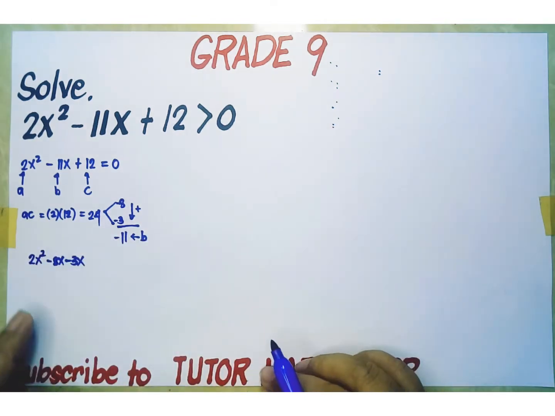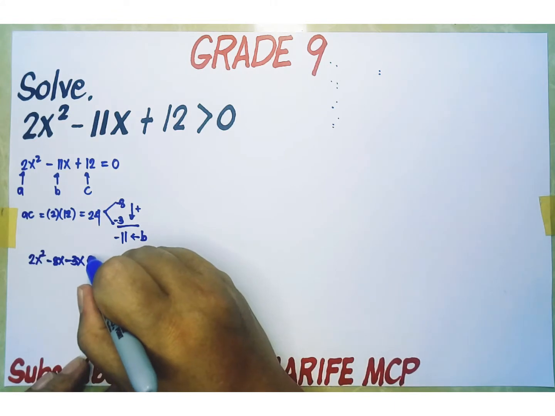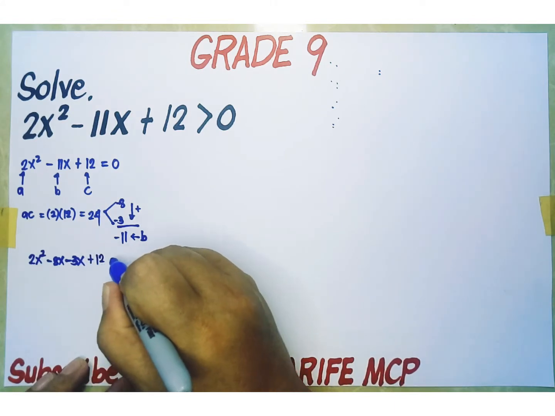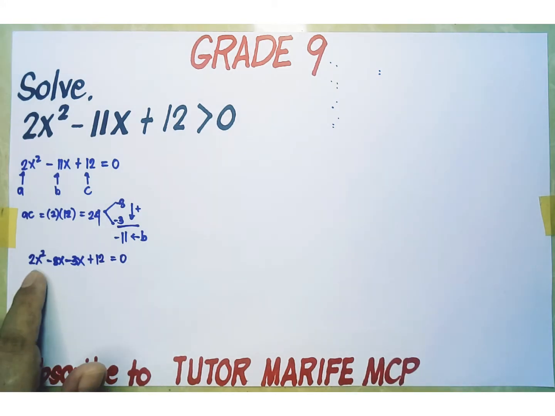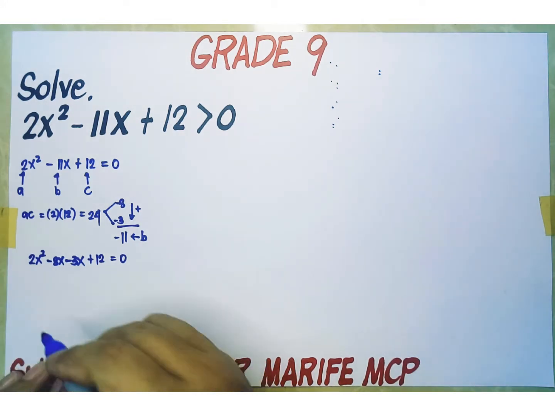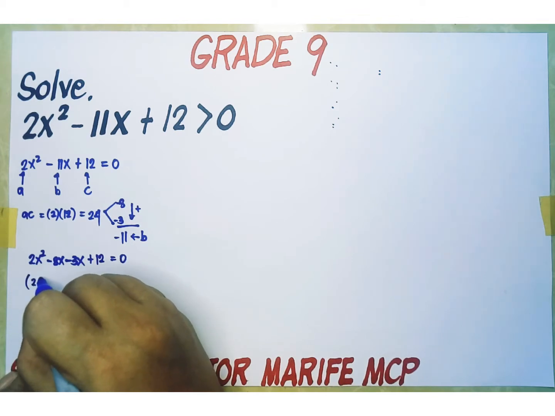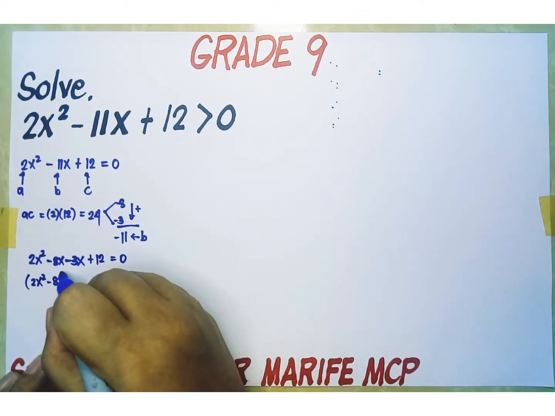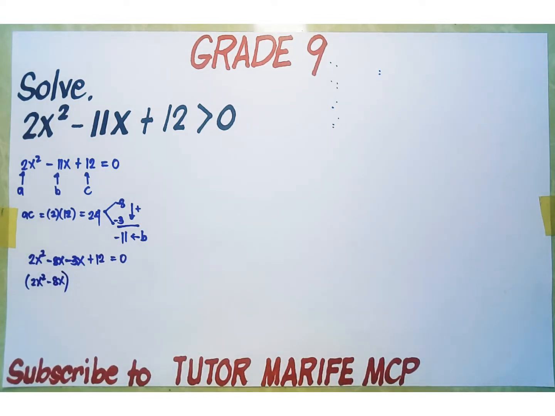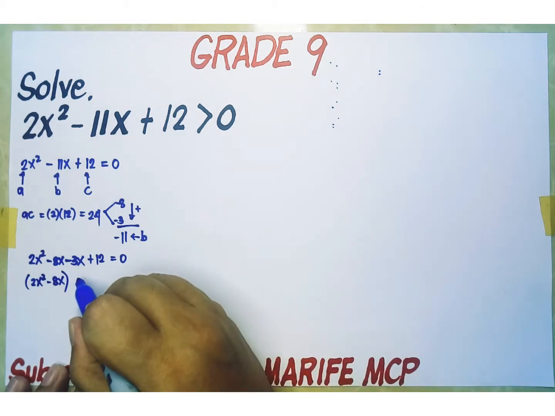So, let's write the leading term and the constant term. Okay. Then, we group the terms. Let's group first and second terms. We also group the two remaining terms, the third and fourth terms.